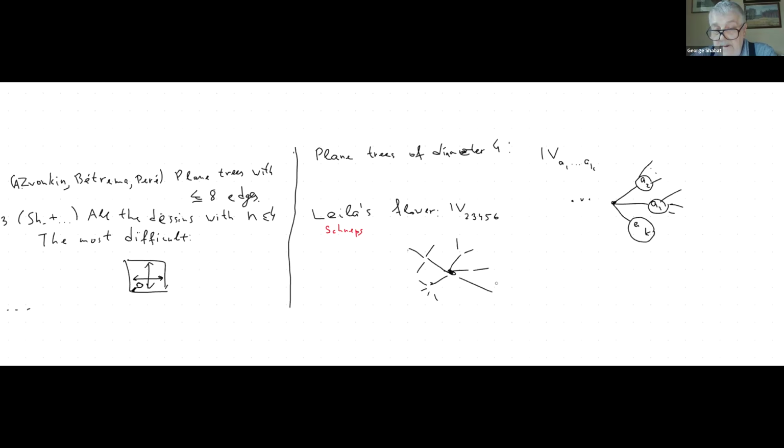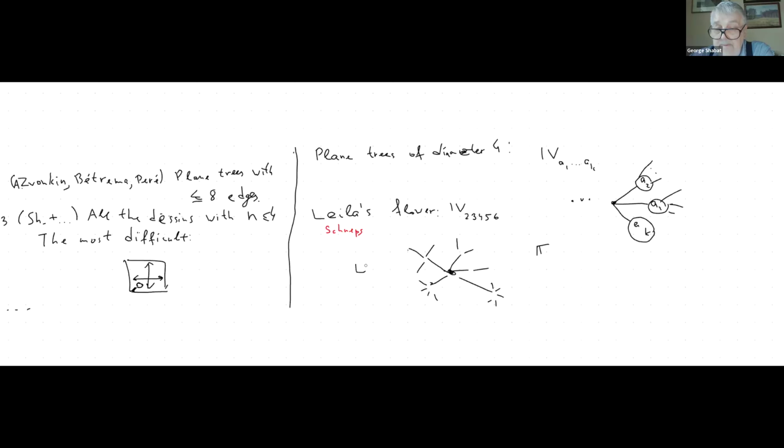So, quite a simple flower. Then the Galois orbit. Maybe I won't write down the passport since it is obvious. Well, let's call it Leila's flower.